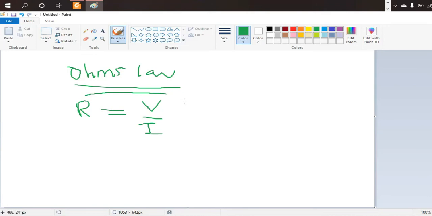So this is what Ohm's law states: resistance equals the ratio of voltage over the current.